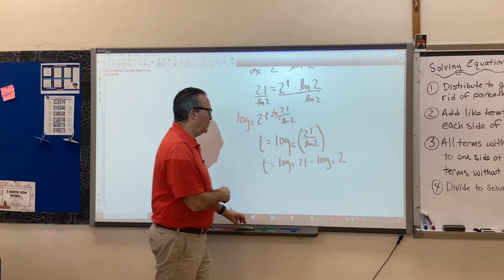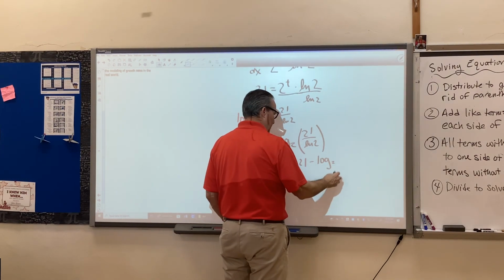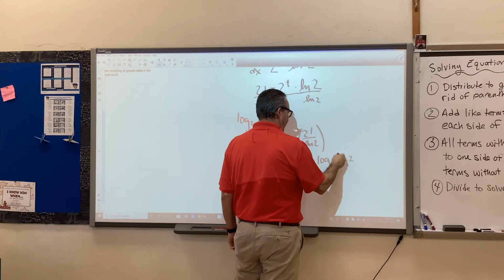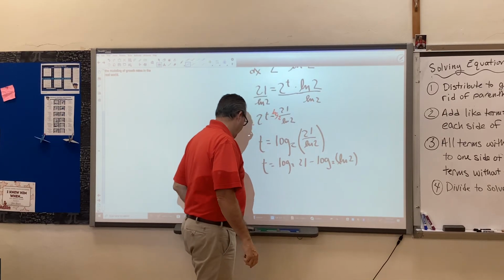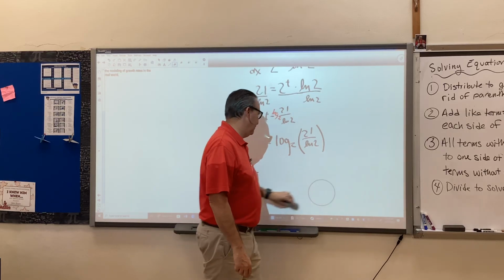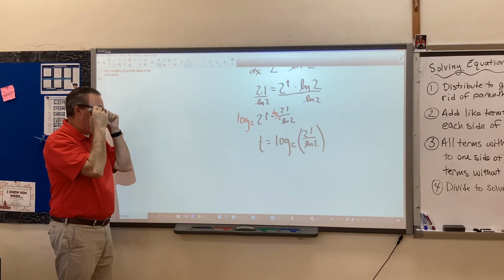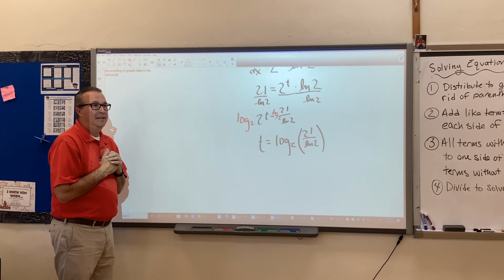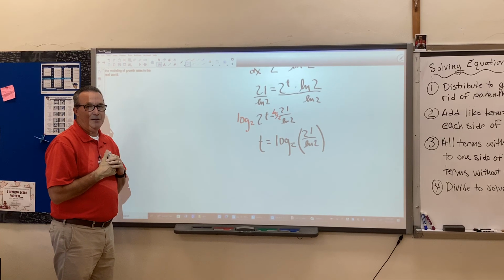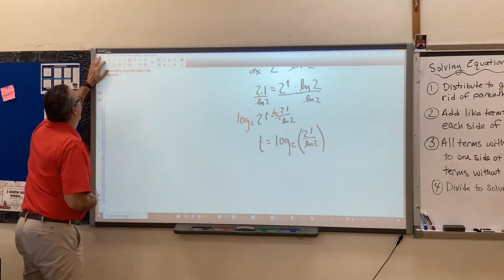Oh, no, it's log base 2 of 21 minus the natural log of 2. That's nothing special. I was excited if it were log base 2 of 2, but it's not. That's the answer, that's fine. I'm glad nobody saw anything special, because there was nothing special about it.